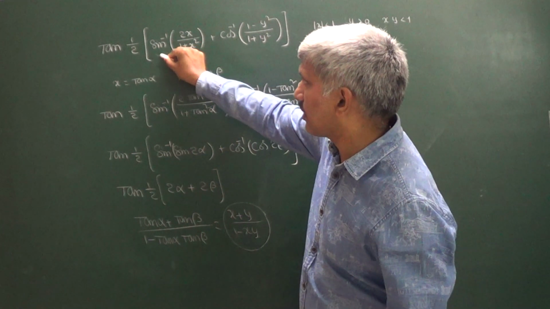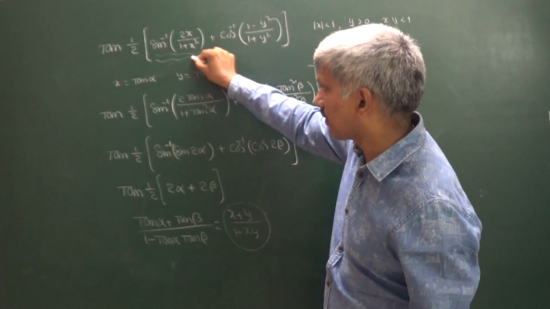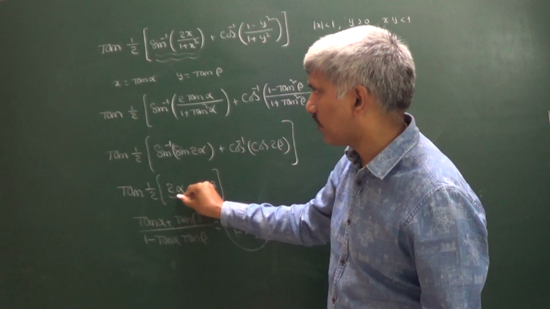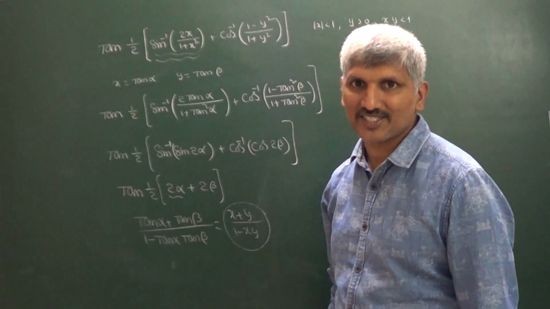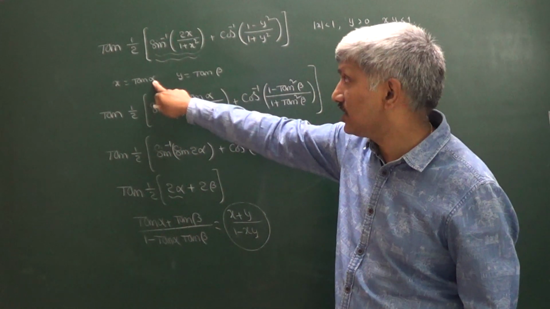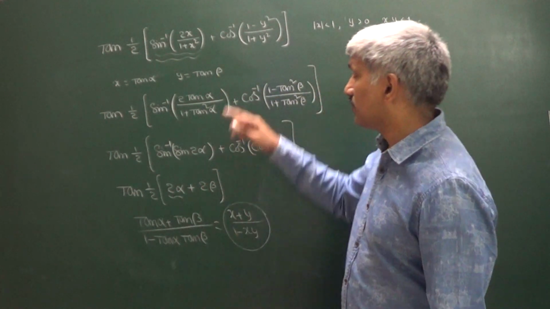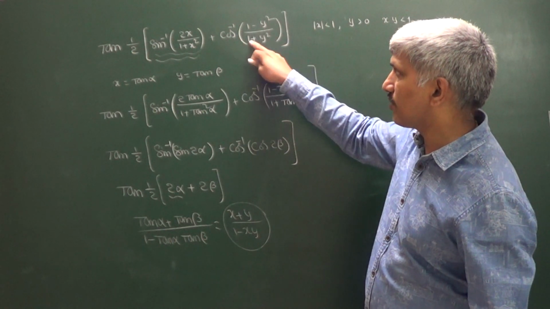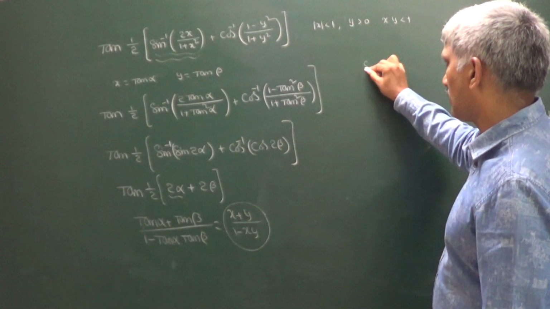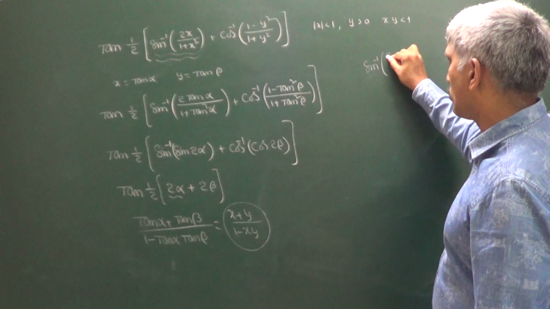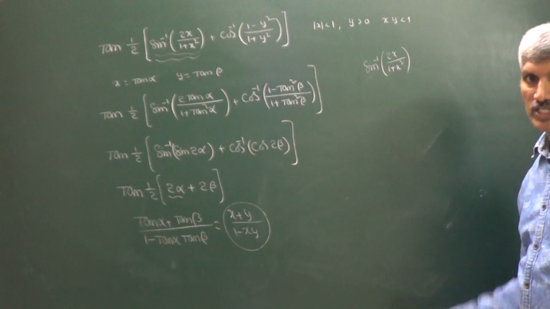You can observe finally what we got. Sin inverse of 2x by 1 plus x square simplification, you can check this simplification. We got 2 alpha. What is 2 alpha? 2 alpha means 2 tan inverse x, and alpha is equal to tan inverse x. That's why sin inverse of 2x by 1 plus x square, we can write as 2 tan inverse x. Similarly, cos inverse of 1 minus y square by 1 plus y square, we can write as 2 tan inverse y. So sin inverse of 2x divided by 1 plus x square is 2 tan theta by 1 plus tan square theta.